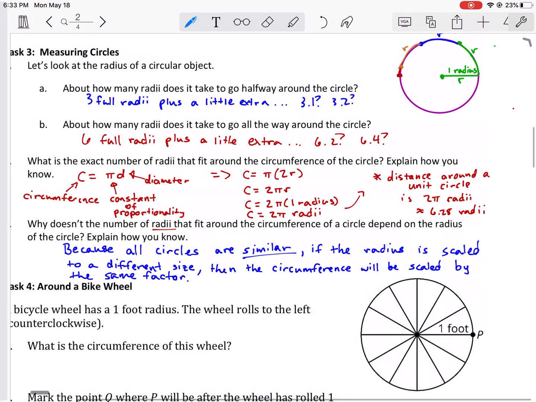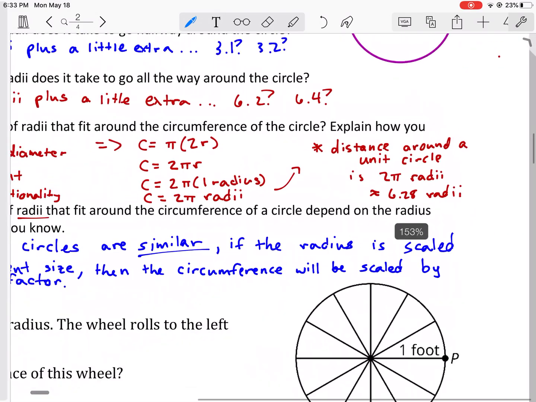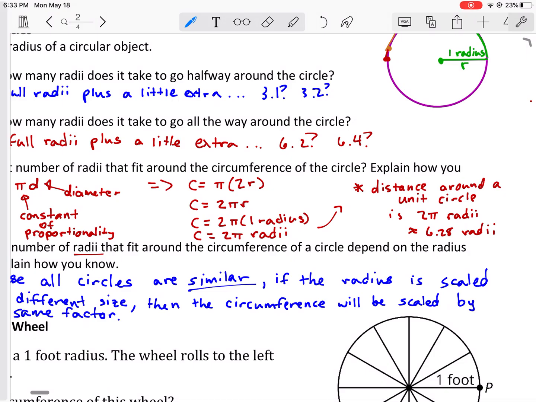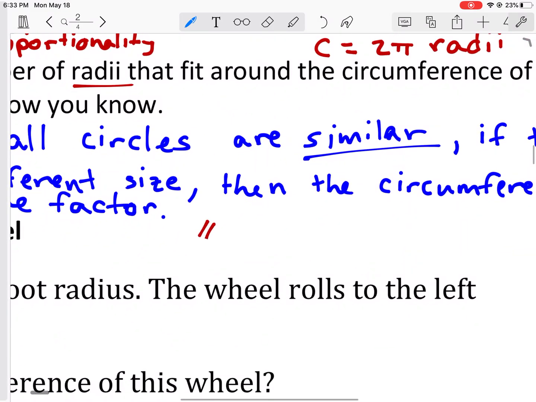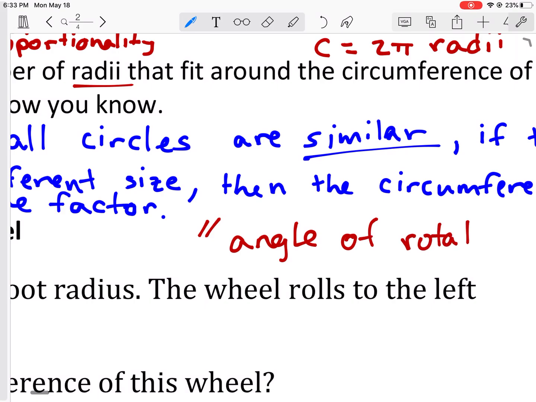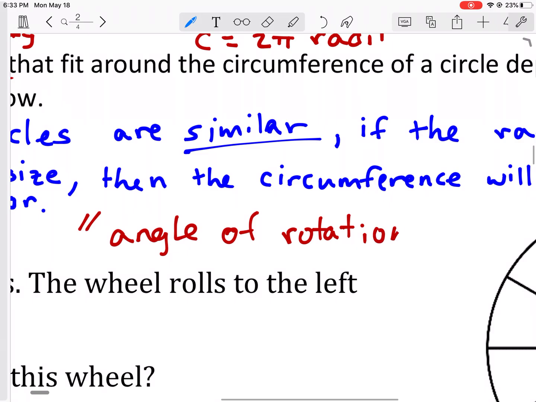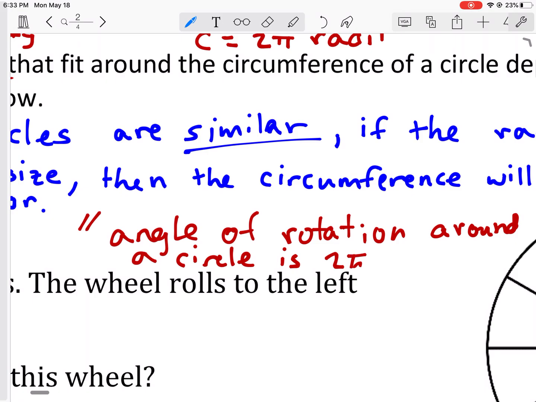And this is where we come up with a phrase for the distance around the circle. We start to call this, instead of 2 pi radii, 2 pi radians. Angle of rotation around a circle is 2 pi radians.